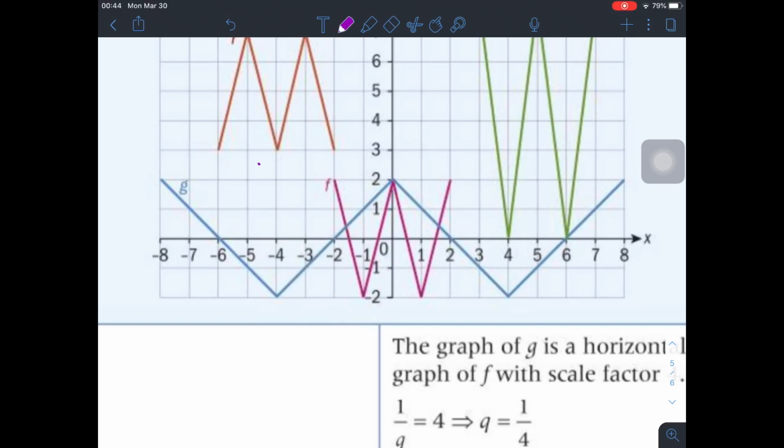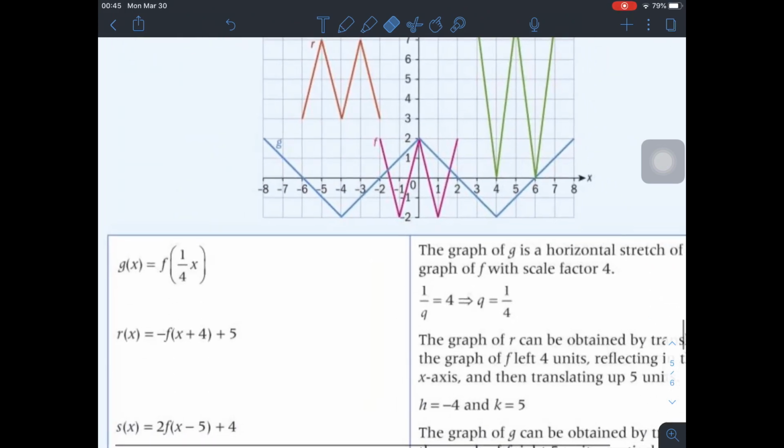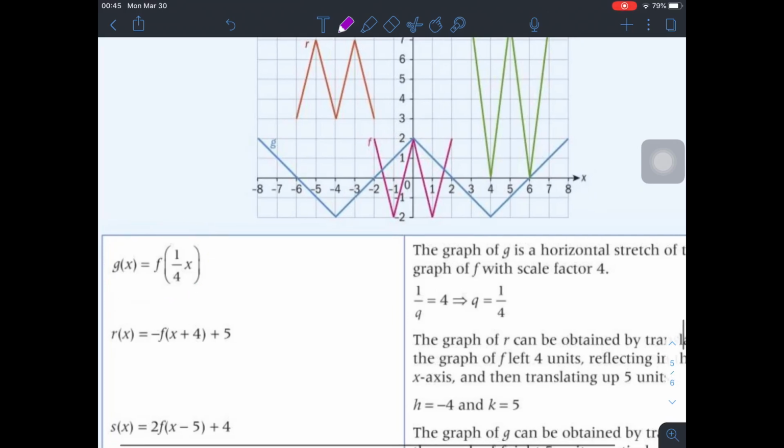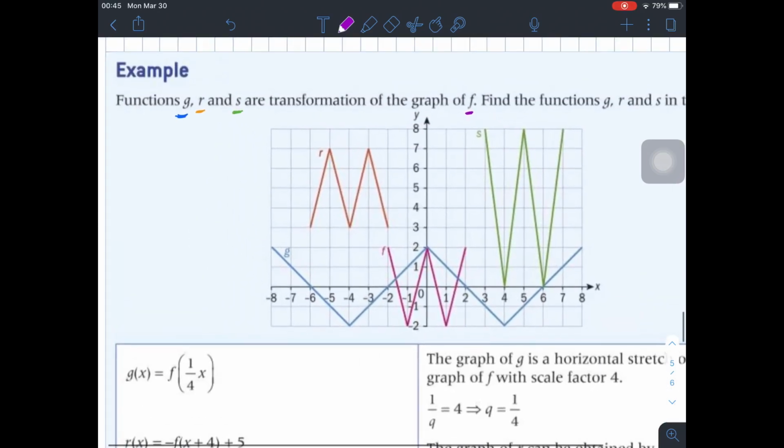So the horizontal stretch would be 1/4, because we're multiplying all of the values of x by 4, okay? Quadruple its value. So let's read the explanation. It says g of x is f of 1/4 of x, which is exactly the same analysis I did. And here it says, the graph of g is a horizontal stretch of the graph of f with a scale factor 4. So 1 over q equals 4, so q equals 1/4.